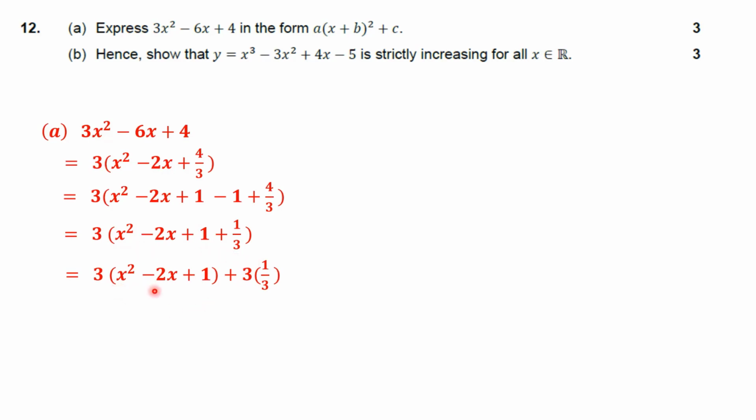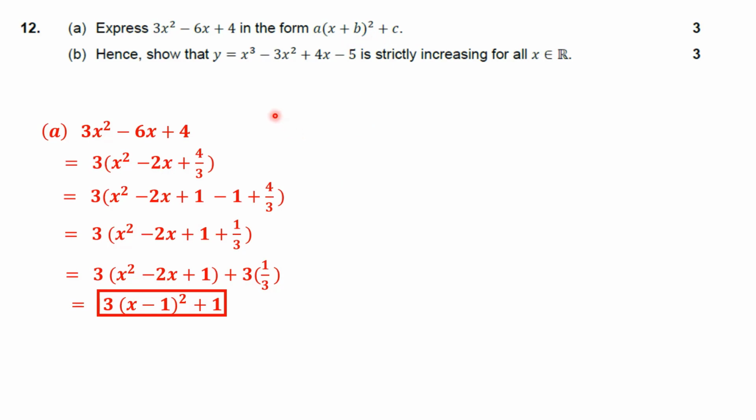Now this bracket here can be written as a perfect square. It can be written as 3 times the perfect square, x minus 1 all squared, and the last part is plus 3 times a third, which is plus 1. And that is the same form as you see up there. A is equal to 3, B is equal to negative 1, and C is equal to 1.